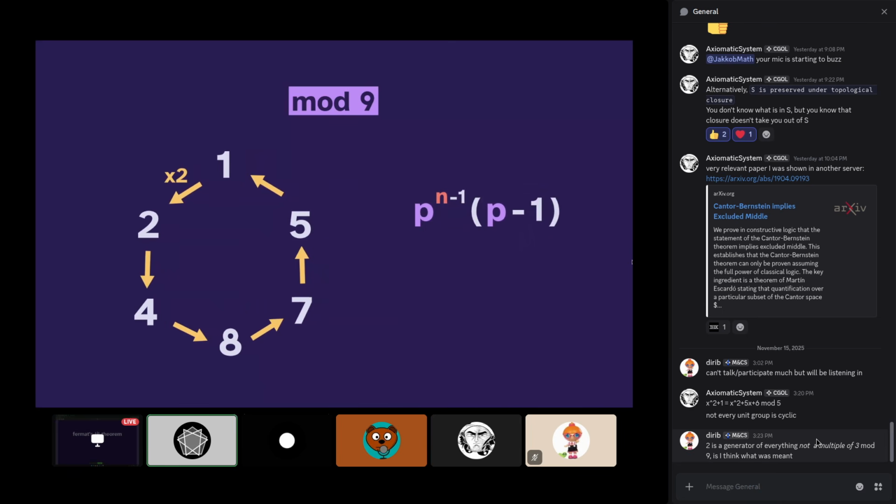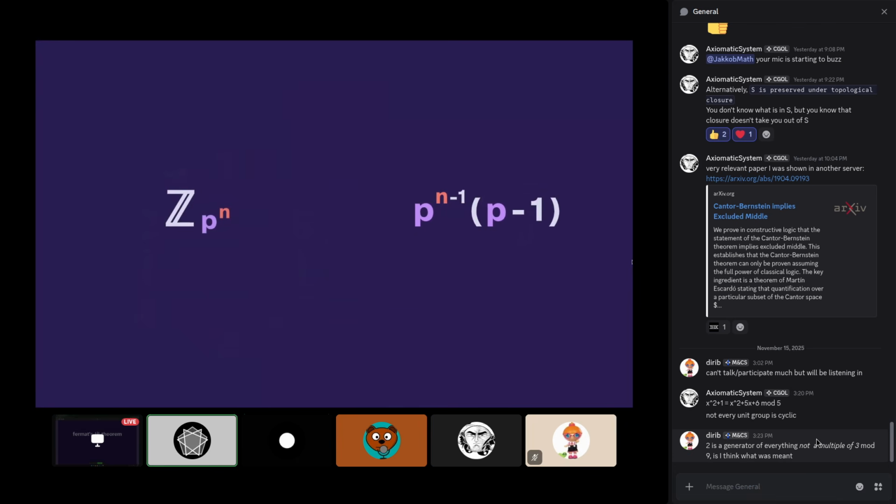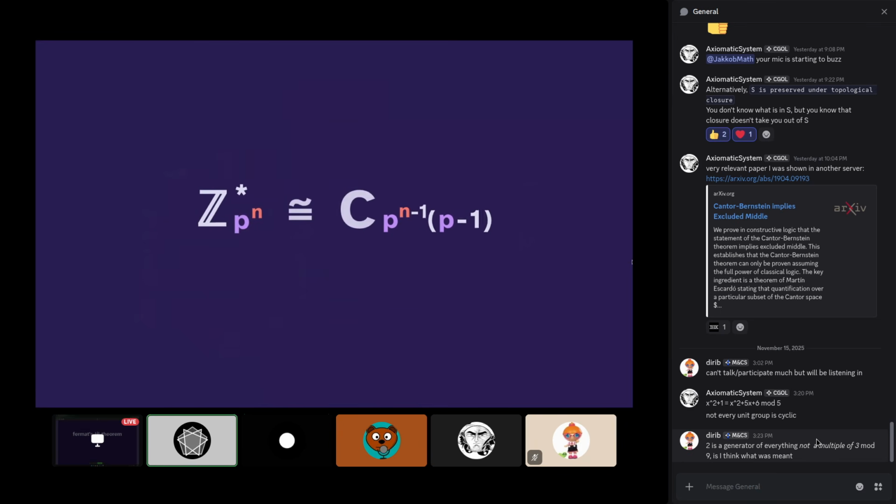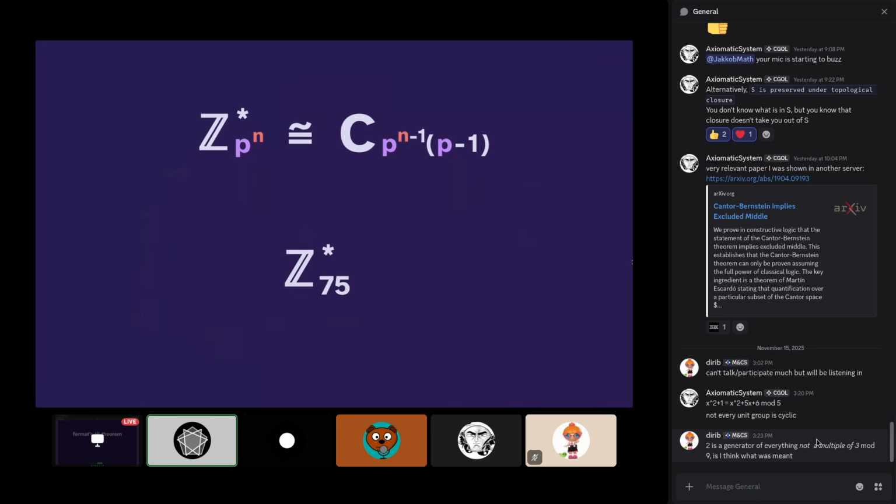And this is just the amount of numbers coprime to p. In general, the integers mod a prime power, if we're just concerned with multiplication, is a cycle of this size.